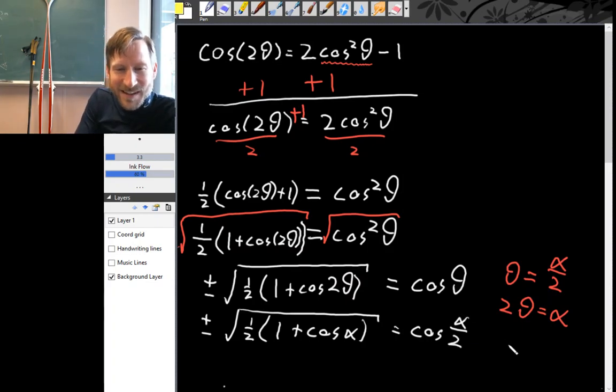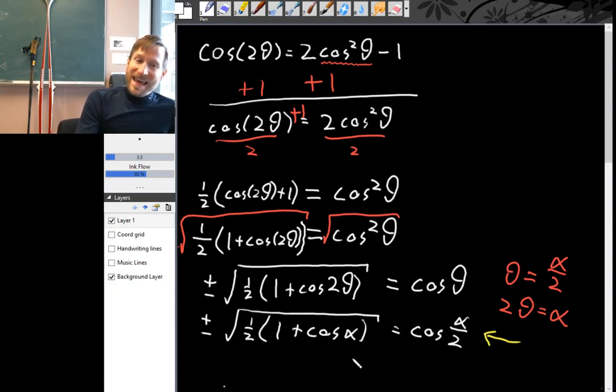So this identity is called a half-angle identity. It tells you what cosine of half of an angle is in terms of the cosine of the original angle. It's a little bit weird that there's this plus or minus here, but as we will see, that plus or minus really does need to be there. There's no way around having that plus or minus there.